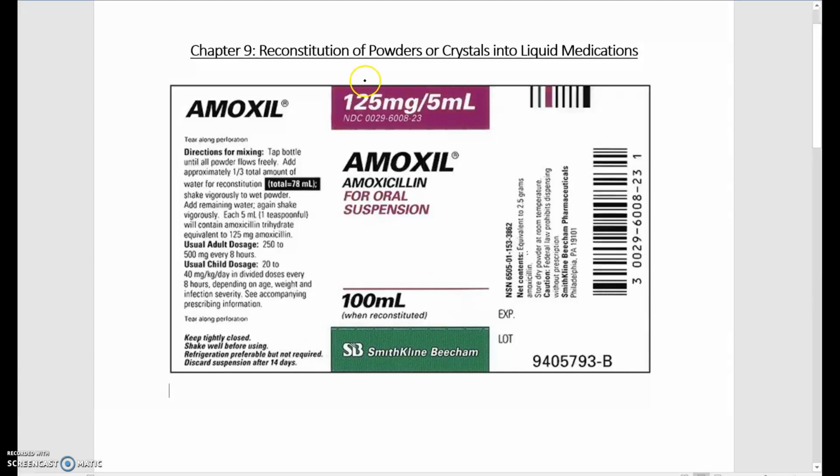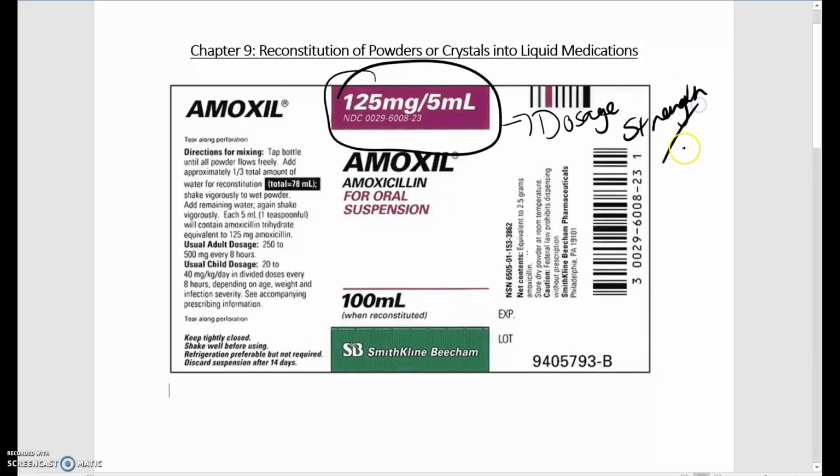In this case, the dosage strength for this Amoxil is 125 milligrams per 5 milliliter. You may hear it called the concentration.